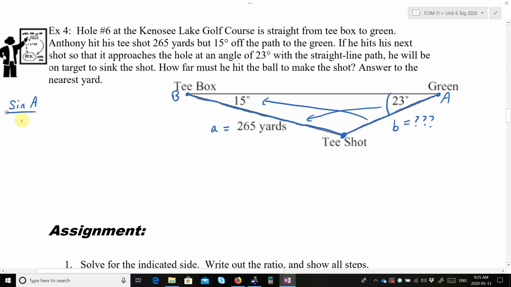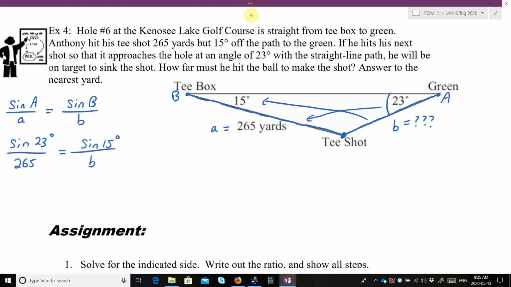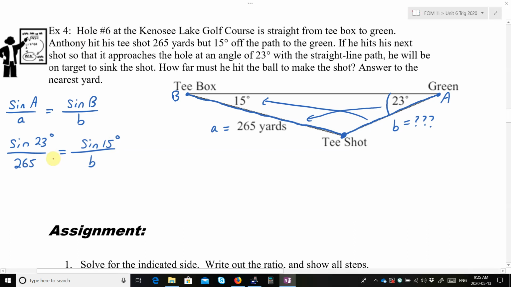So you would go sine A divided by a is equal to sine B divided by b. What's angle A? 23 degrees, divided by little a is 265. And then we would have sine B, sine of 15 degrees, divided by little b, the distance that he's going to have to hit the ball to make the shot. So we're solving for little b, and this is the easier case.